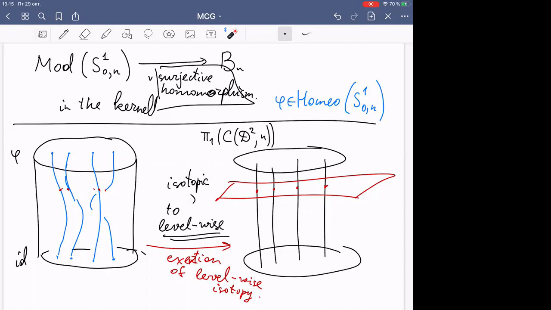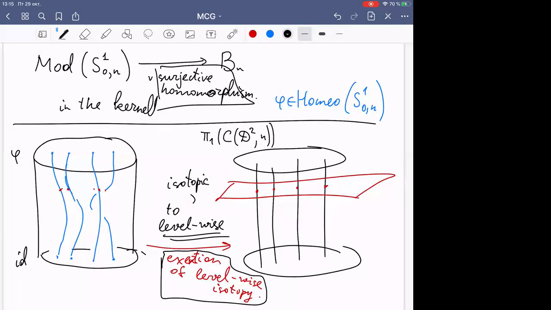Here we need to pass from dimension 1 to dimension 3, and of course we may make this extension. If we look through the proof of the extension of isotopy, we see that if the isotopy is level-wise, then the extension can be chosen level-wise as well.